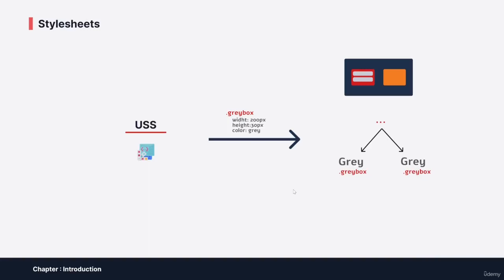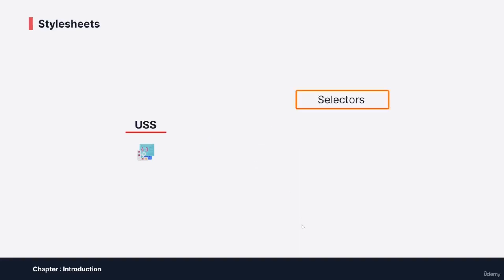Now, the real power, however, comes from the fact that you can define things like classes. You can also use other identifiers for elements, like actual IDs, then element types, things like that. But the real power comes from the fact that you can combine those things, which are then called selectors, and create very complicated rule sets for how to reach elements.